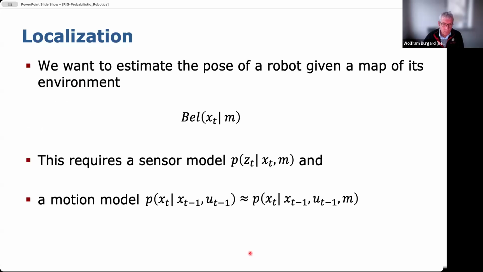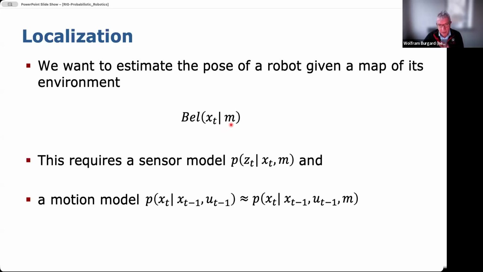So in order to truly implement this, what we want to know is how can we represent this belief of being in XT. And in localization, we typically assume that we are given a map M as background knowledge. So in principle, we would need to add this in every place.